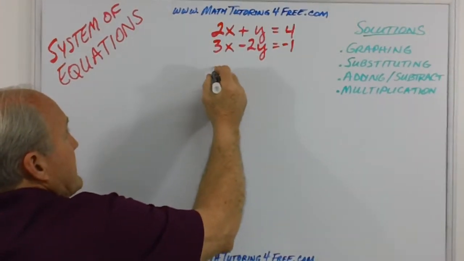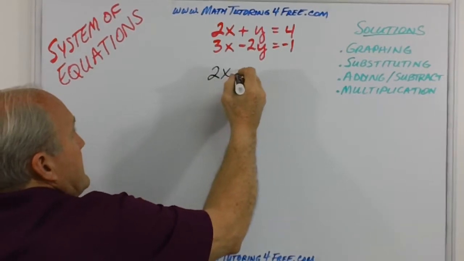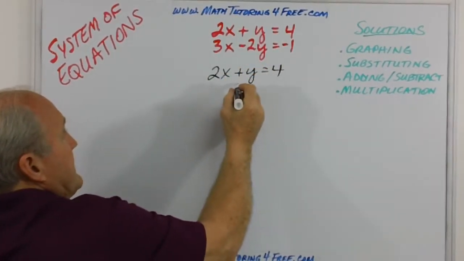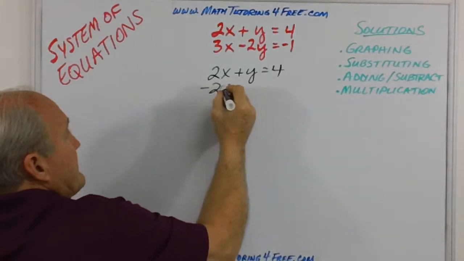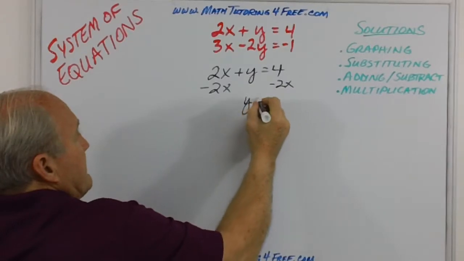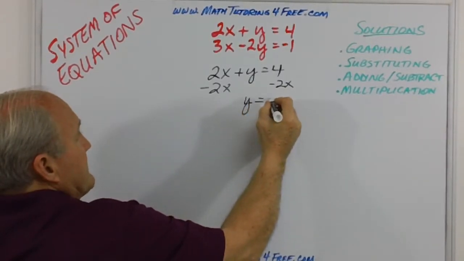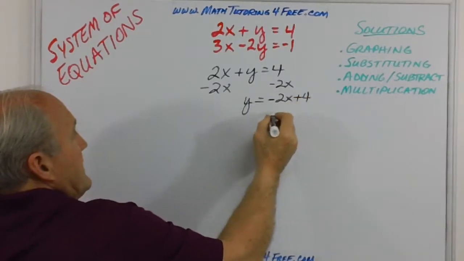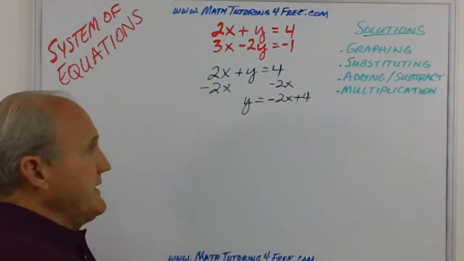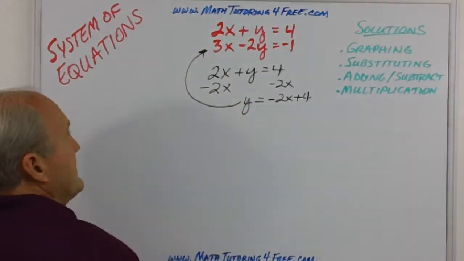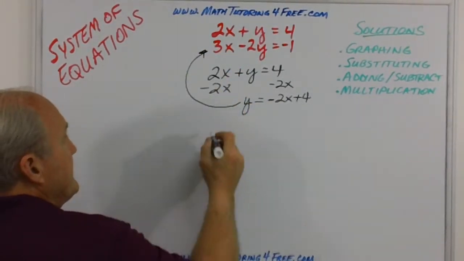Let's start again. 2x plus y is equal to 4. If we subtract 2x from both sides, then we know that y is equal to negative 2x plus 4.